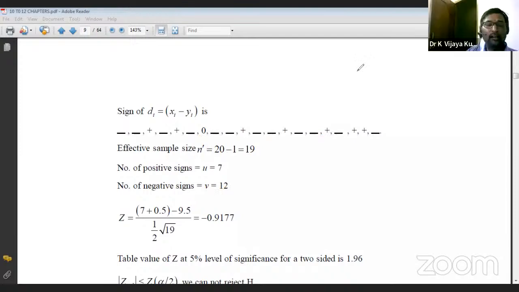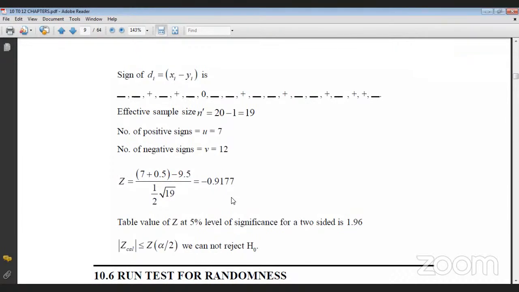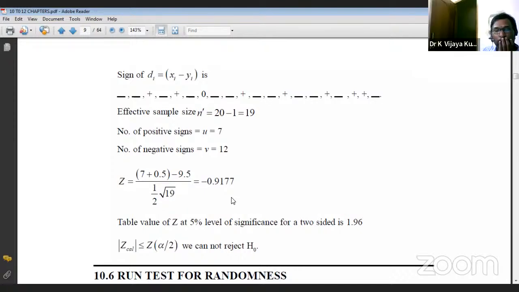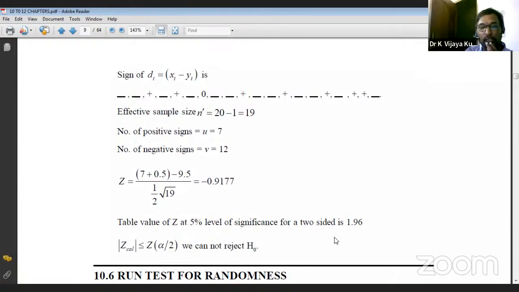Okay, so 1 by 2 under root of 19. Has the output value come out correctly? So 0.919, so minus. At 5% level of significance, two-sided, the tabulated value is 1.96.